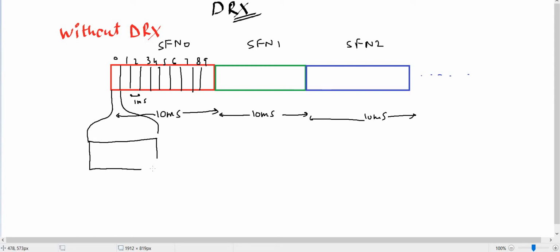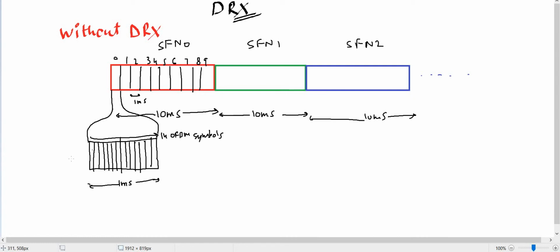So this is our expanded subframe of 1 millisecond. If you go inside this subframe, you will find 14 OFDM symbols. This is one time slot, and this is the other, so there are a total of 14 OFDM symbols.